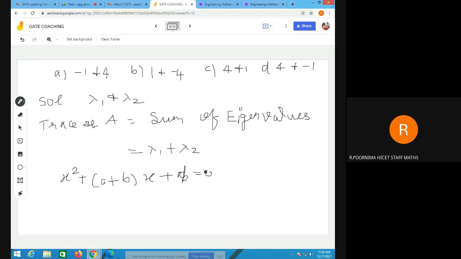So for the sum of the eigenvalues, you have to equate this. Here only a minus will come in the formula.